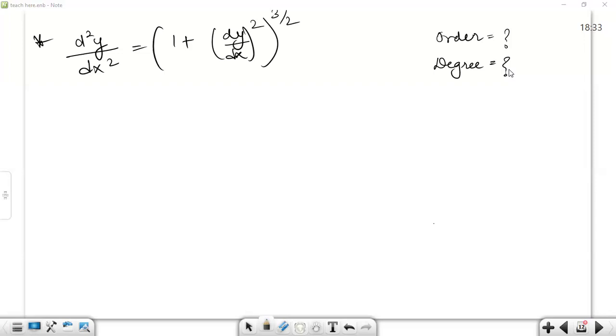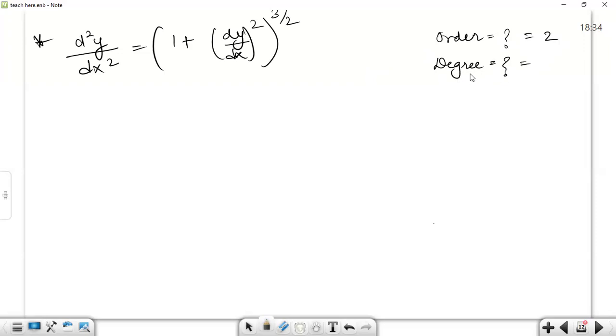Meaning the left-hand side d square y. Now the order is 2. Yeah, correct. Degree? Degree is 1.